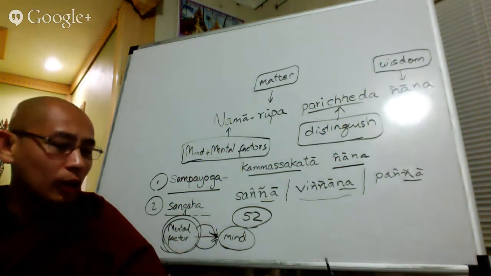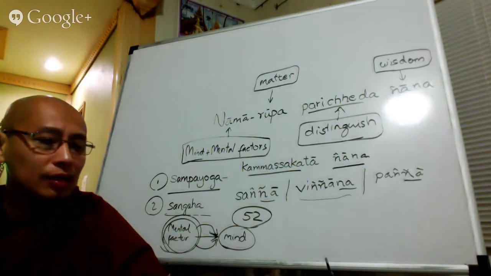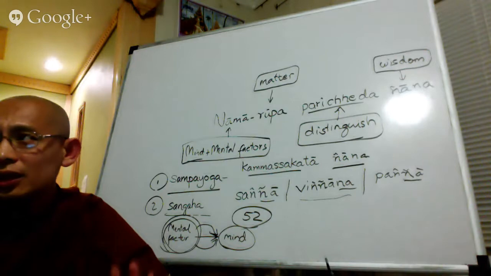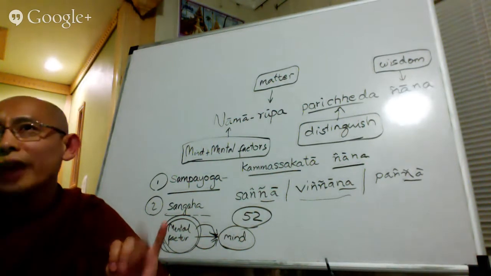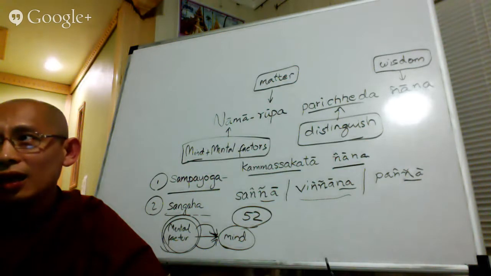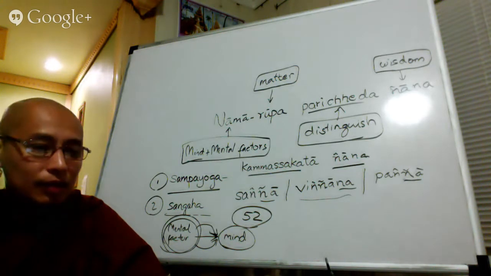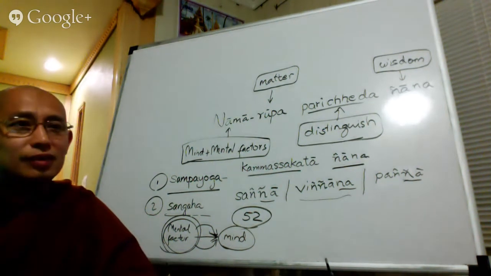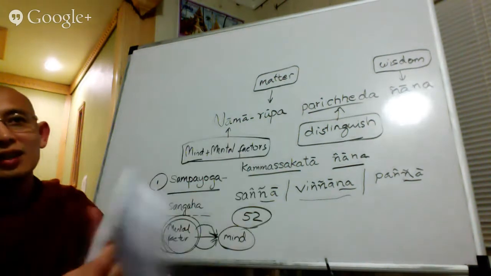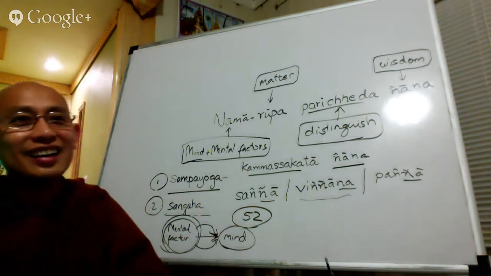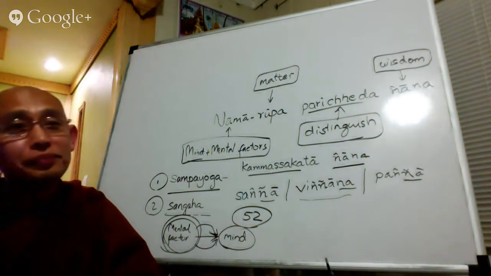So that's why Vitaka cannot associate with the eye, ear, nose, tongue, body consciousness. So you need to compare the mind table and this one. Compare, so you understand.